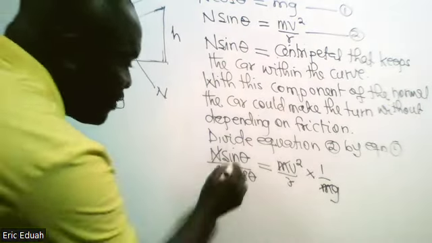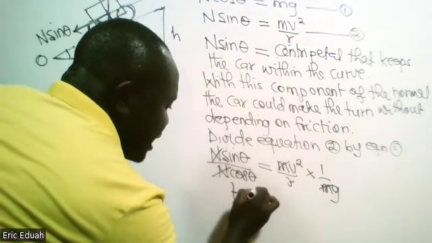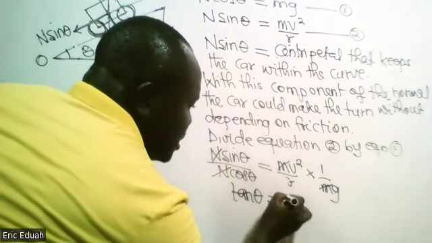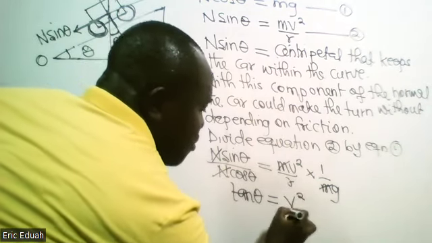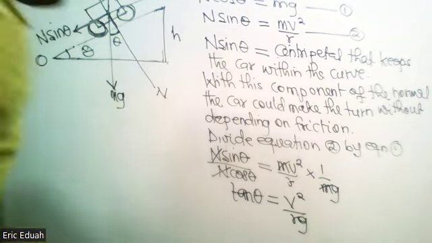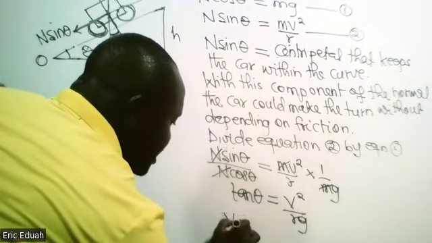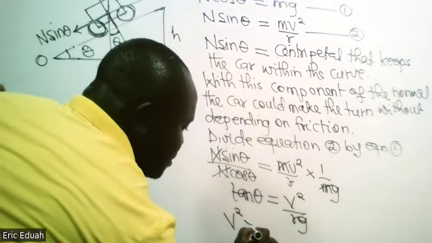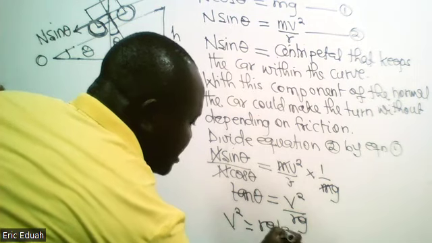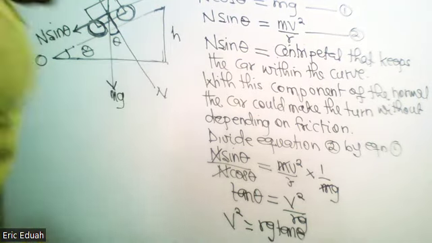And so we have tan theta equal to v squared over rg. Therefore, v squared is equal to rg times tan theta.